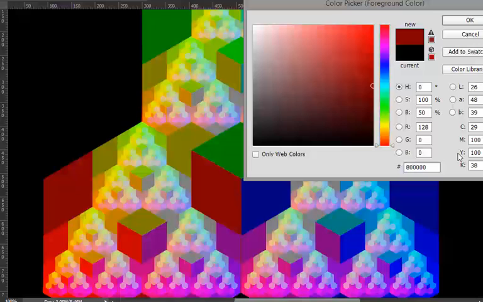And then K is black in the CMYK color standard. His idea is that there's really only 2 colors. There's light and there's dark, right? But our eye splits the colors into what we perceive as red and blue.